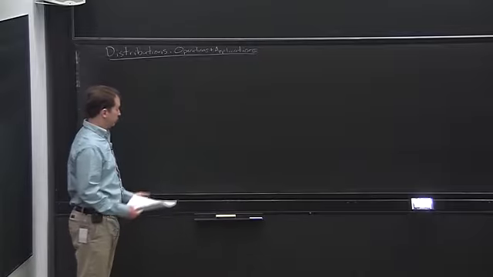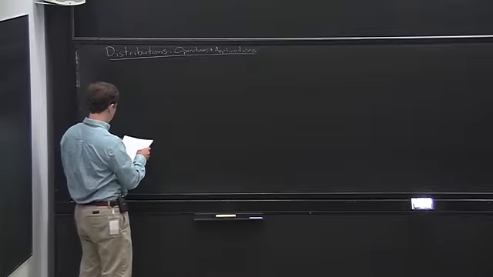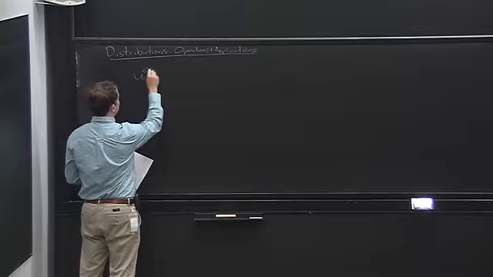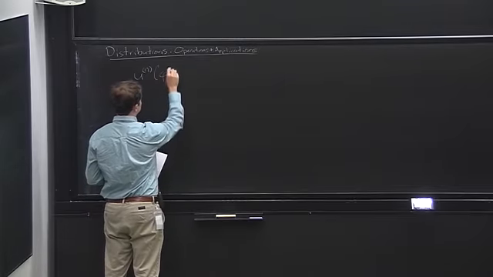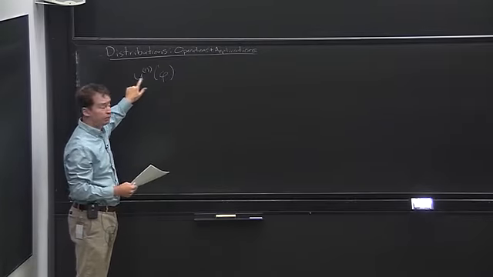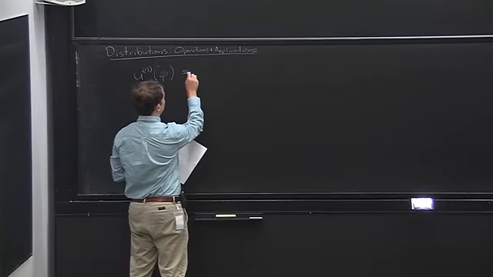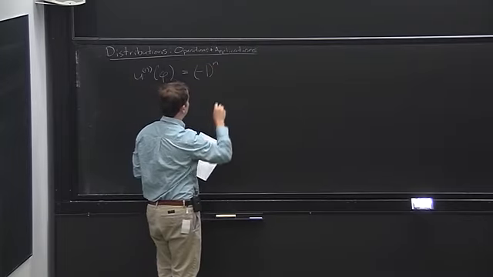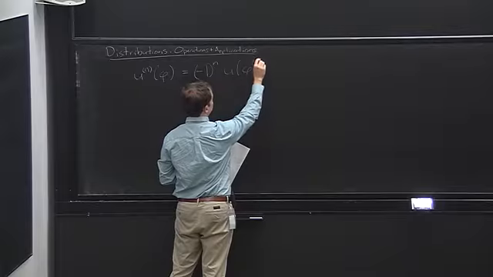of distributions. So we ended yesterday's lecture with a formula or a prescription for taking the derivative of a distribution. So if we want to take n derivatives of a distribution and act with that on a test function, that's the same thing as minus 1 to the n times the distribution acting on the nth derivative of the test function.